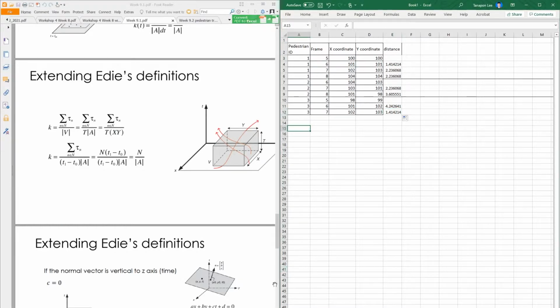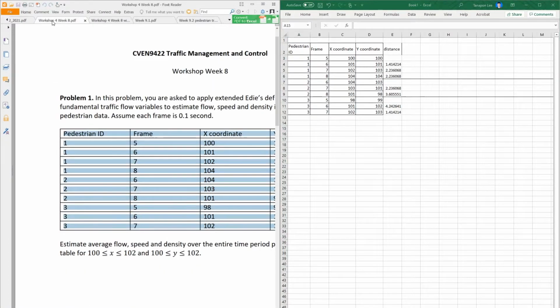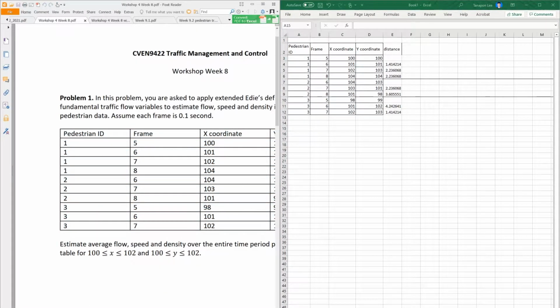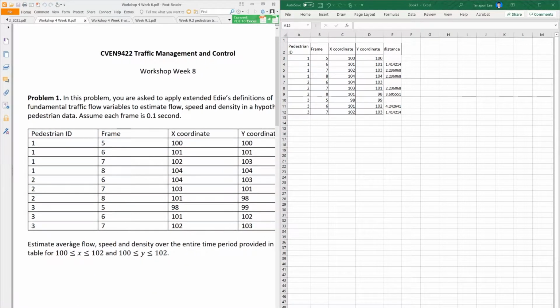And then the problem setup is that we have a measurement area that we're interested in.